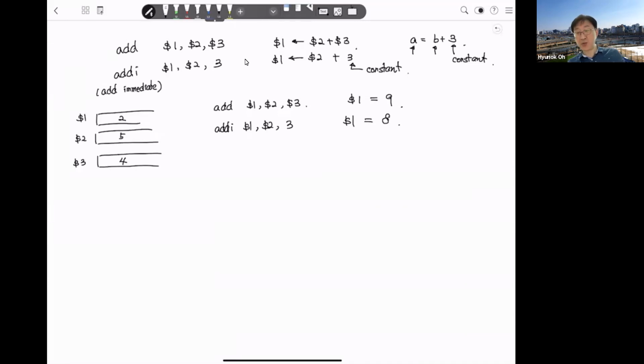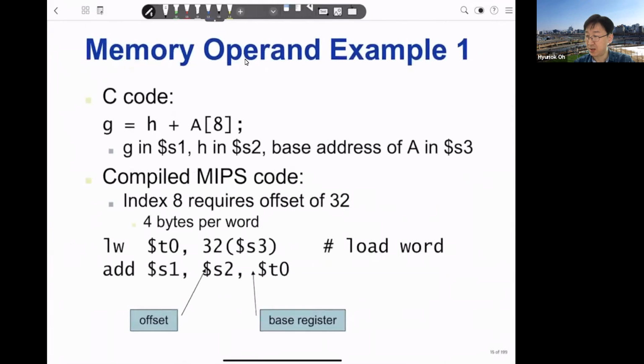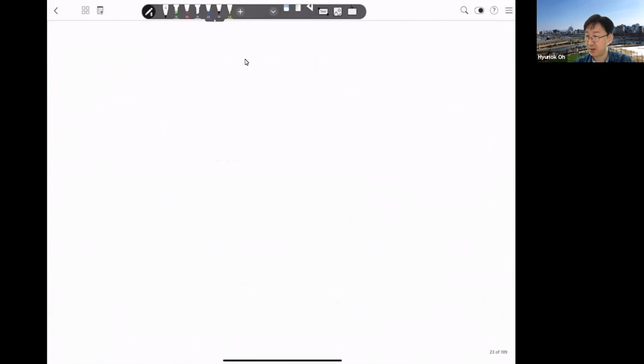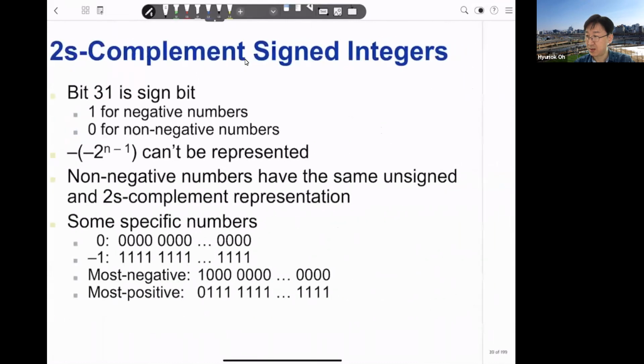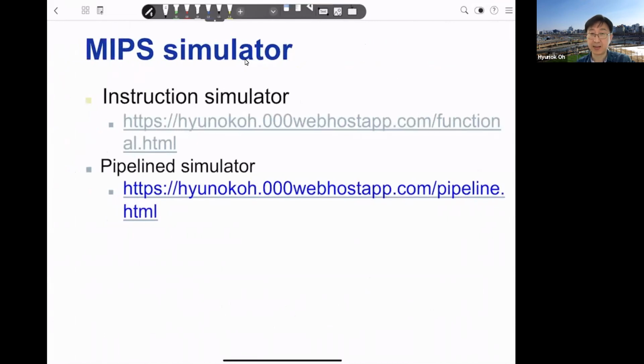So then let's try to use the simulator, the MIPS simulator. So we'll use this MIPS simulator. Let's go to slide 36. Then there is some website, right? So can you go to that website, the first one? Can you click and go to that place?